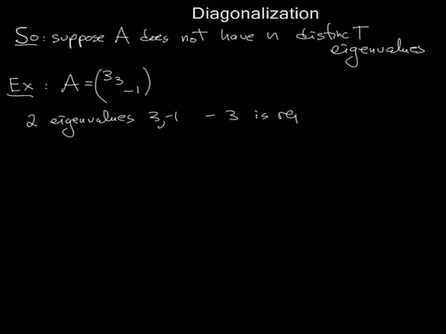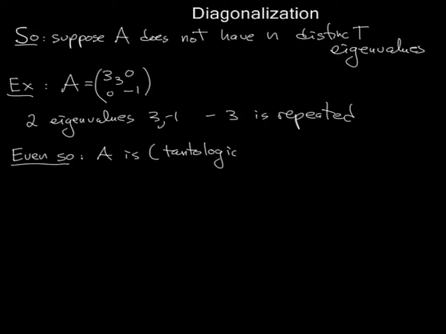You say that the 3 is repeated. So this matrix is diagonalizable. Well, it's tautologically diagonalizable. It's already diagonal, even though it doesn't have n distinct eigenvalues. So it's not necessary to have n distinct eigenvalues for something to be diagonalizable.